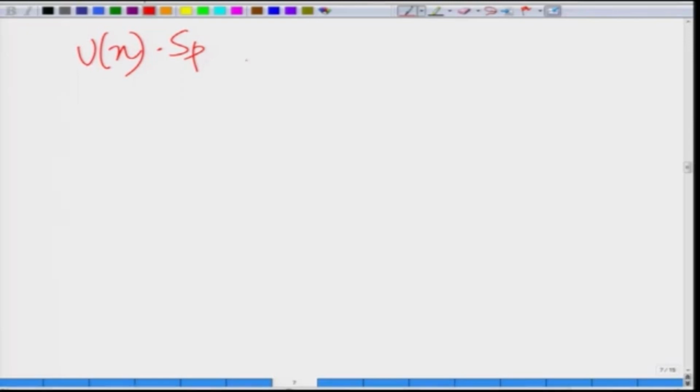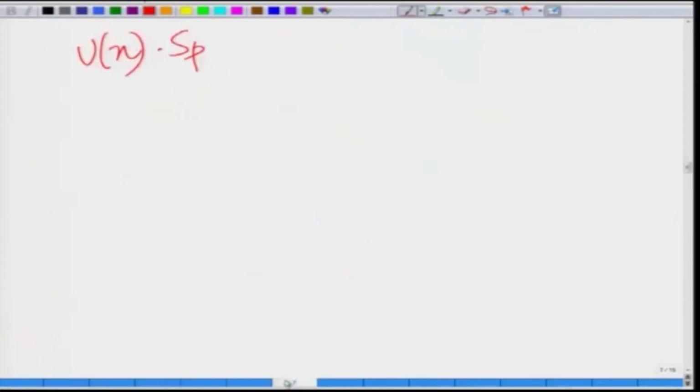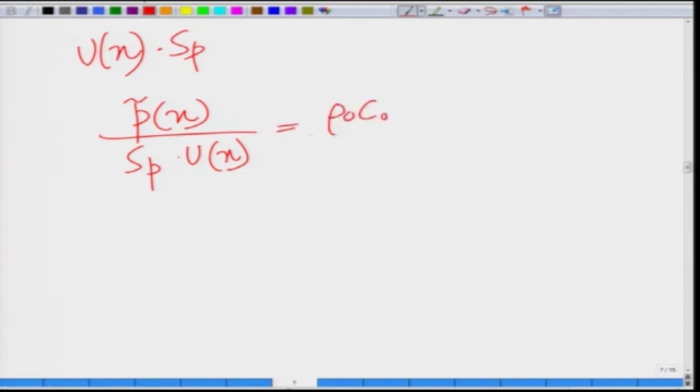So, if we multiply the denominator of equation number 6 by S p, P x divided by S p into u x, we will get something like rho naught C naught divided by S p. So, this is also the characteristic impedance, but this takes into account the cross section area of the inlet port or of a duct in general, that is the dimension of the duct.